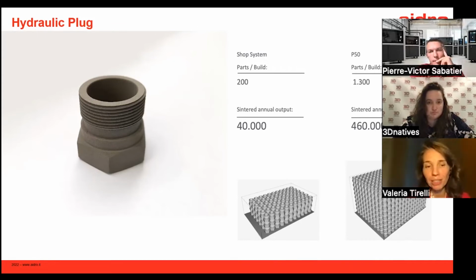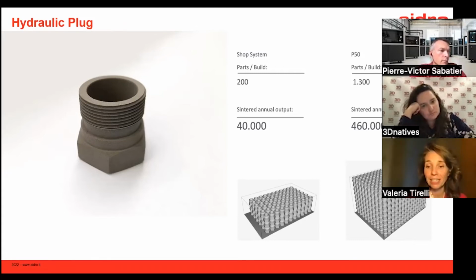In addition, you can see the threads, and with binder jetting, we were able to print the threads. So no post-processing is necessary on these parts, and this saves a lot of time and post-processing work.